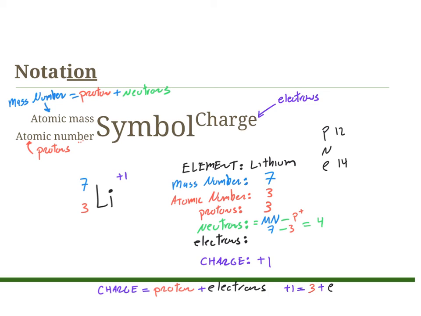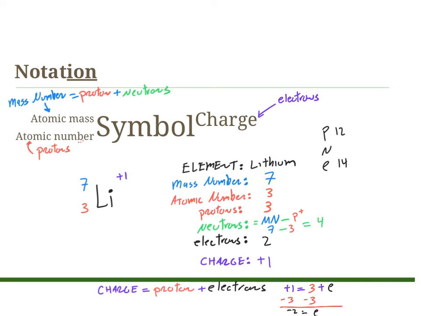And so what I'm going to do is subtract 3 from both sides. And when I subtract 3 from both sides, I get a value of -2 for my electrons. So that tells me that I have 2 electrons in this particular atom, or ion, rather.